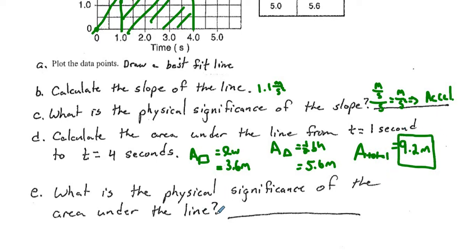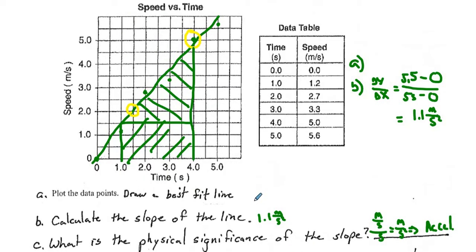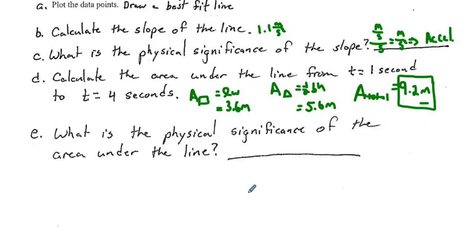And then of course the question is, what's the physical significance? Well, once again, use the units. It's got a unit of meters. Since this is a speed versus time graph, the physical significance is a distance, which is a scalar.